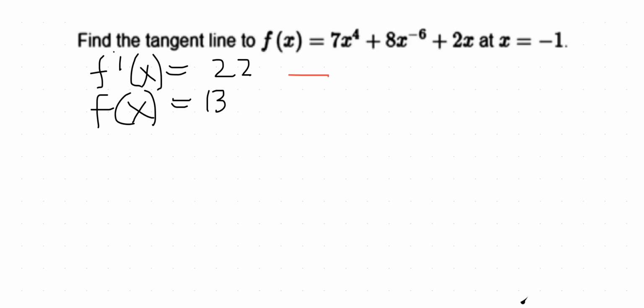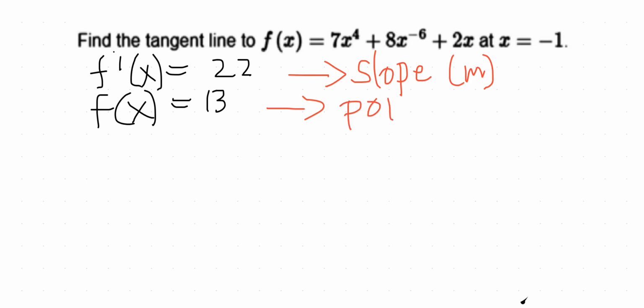Remember that another notation of derivative is slope. That gives the slope as well. So we already have a slope, which is m. And the second one, when we substituted it to the given function, remember, we have a point already, the xy.